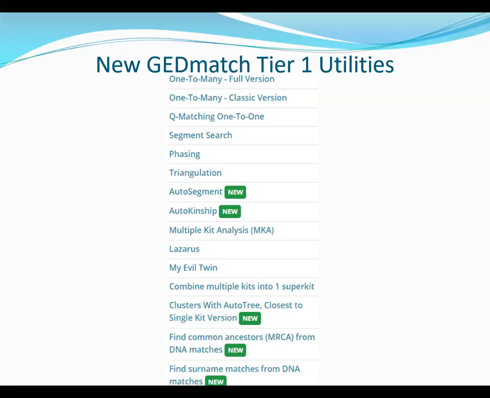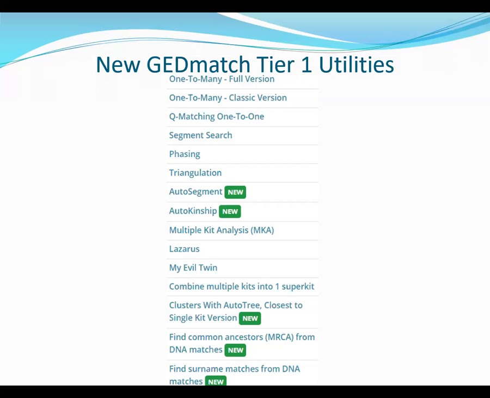I also want to talk about some of the Tier 1 utilities. These are the paid utilities, and here is a complete list of all of those. The ones that I won't be otherwise highlighting during today's presentation include phasing, which is where you look for a series of SNPs that people are receiving from one particular parent.